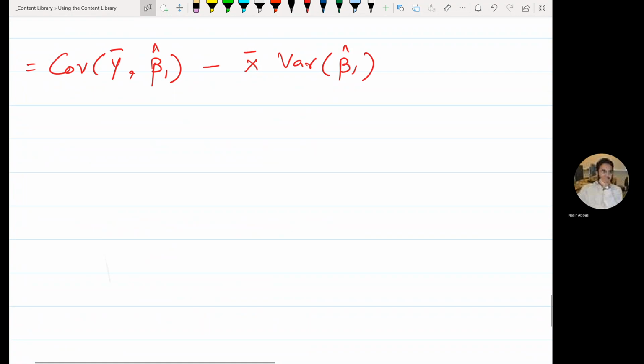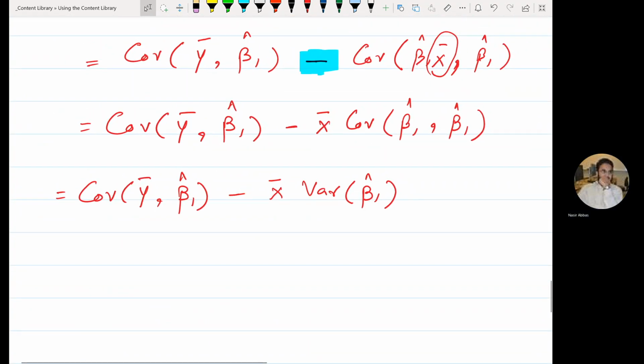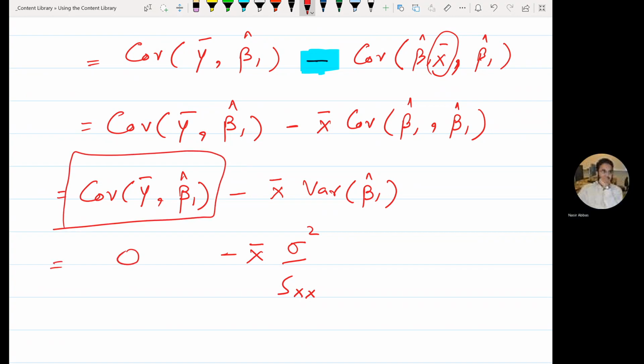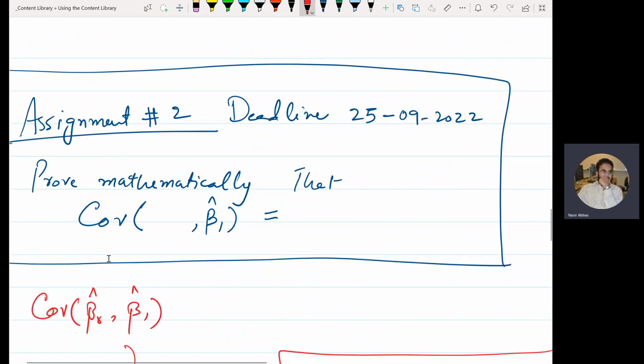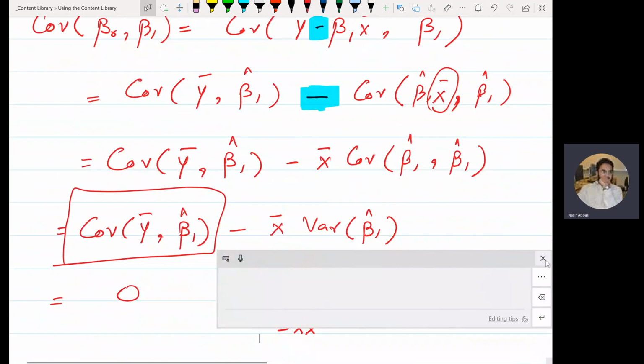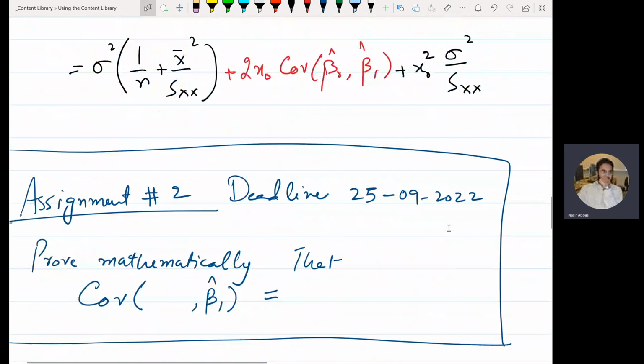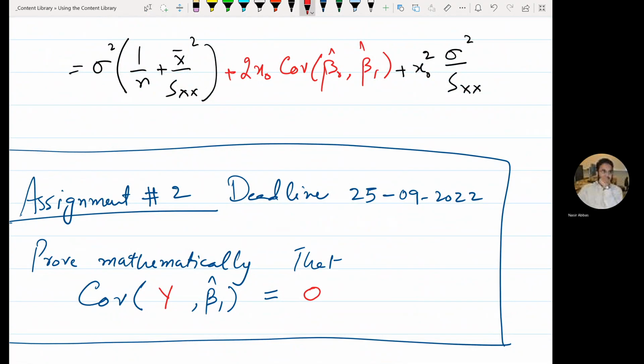So we are here. What is variance of beta 1 hat? Now this becomes the assignment. A little change here: you have to prove that the covariance between y bar and beta 1 hat is 0.